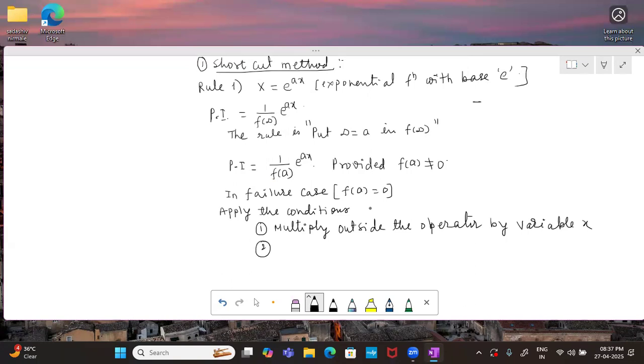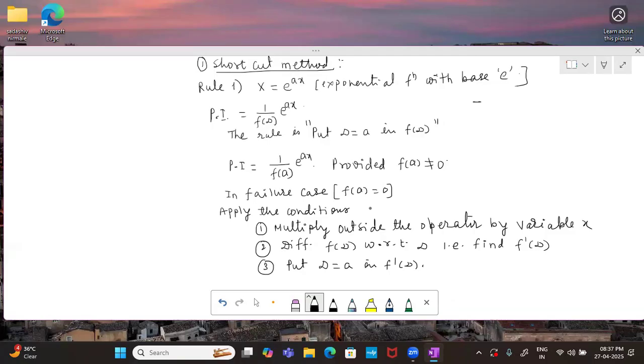Second one, differentiate f of D with respect to D, that is, find f dash D. F dash D means the derivative of f of D. And in the third step, put D is equal to a again, in f dash. So these are the 3 steps to be followed in the failure case.